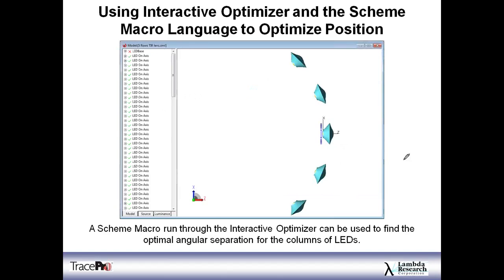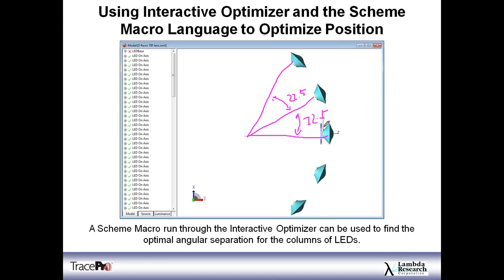And the last thing I want to touch on is it's possible to use the Interactive Optimizer and Scheme macro language to do such things as optimize these angular positions. Right now, we set these angles more by a little bit of trial and error, and this angle was 22.5 for each of these, so they're both the same.